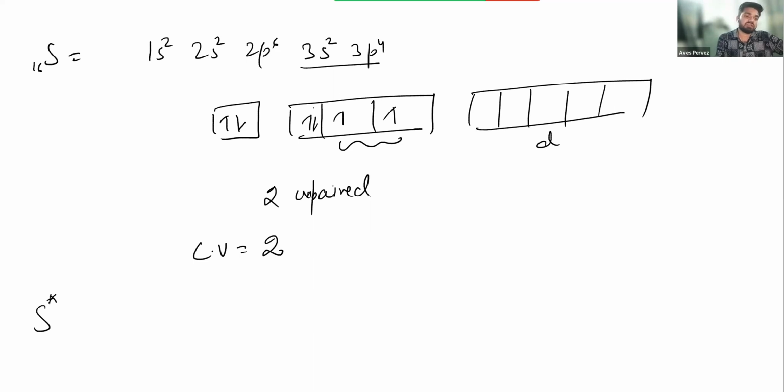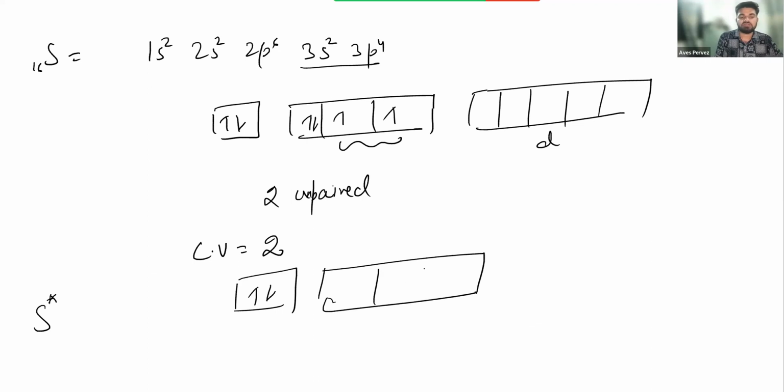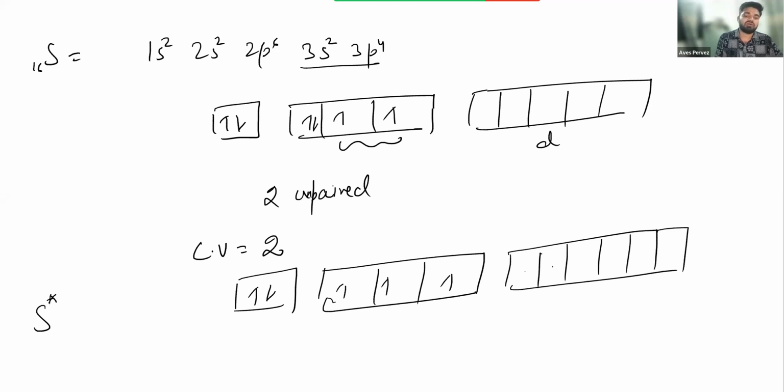So here this electron will jump to this one in the first excited state, and there will be 3 unpaired electrons here, 1, 2, 3. And this d is also going to have 1, 2, 3, 4, 5.